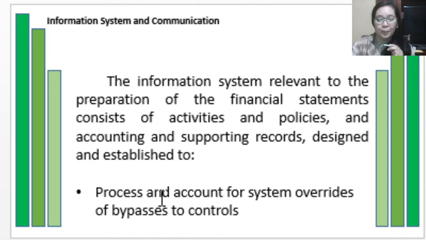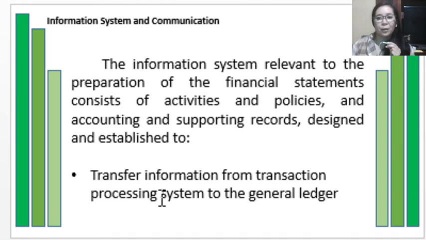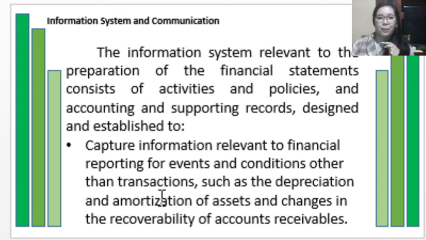as well and followed. Another is to transfer information from the transaction processing system to the general ledger. IS should also have this feature. In fact, this is automating the manual system, the process of transferring the accounts to the general ledger. Now, another is to capture information relevant to financial reporting for events and conditions other than transactions, such as depreciation, amortization of the assets, and even the changes in the recoverability of AR.